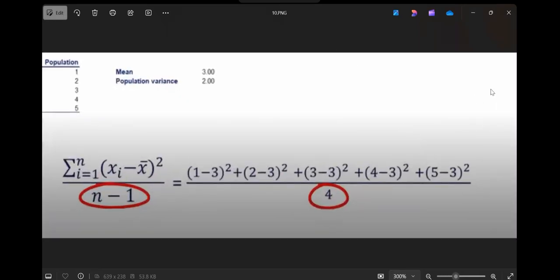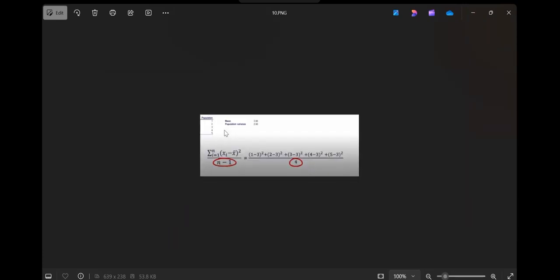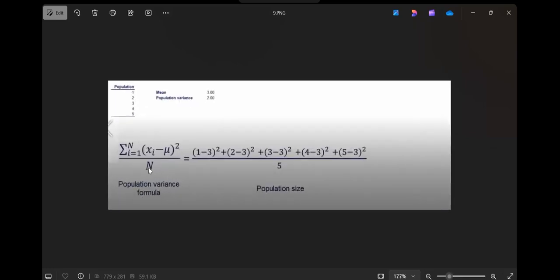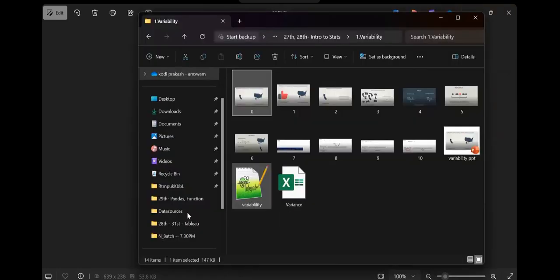To identify the difference between population and sample, we use capital N for population size and N minus 1 for sample size. Guys, are you getting my point? Everybody clear? Online team and offline team? So very simple.